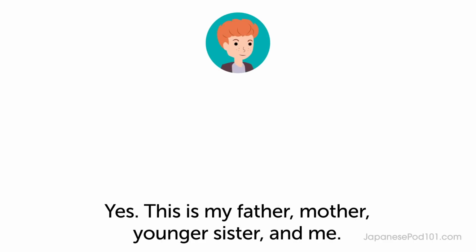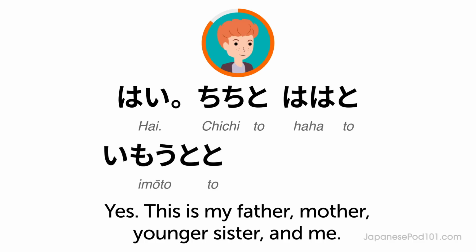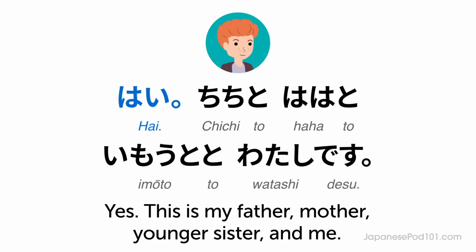Let's take a closer look at the response. Do you remember how Ben says, "Yes, this is my father, mother, younger sister, and me"? はい、父と母と妹と私です。 There are two parts to the response.